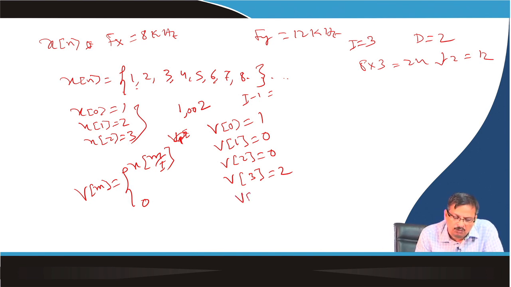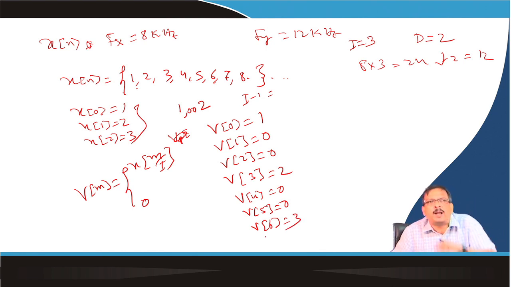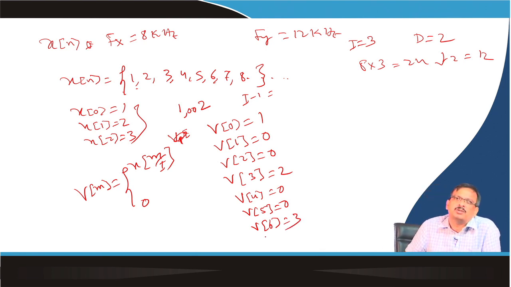V of 4 is equal to 0, V of 5 is equal to 0, V of 6 is equal to 3. So in between two samples I put 2 zeros.